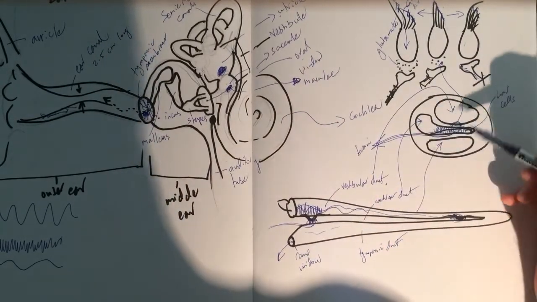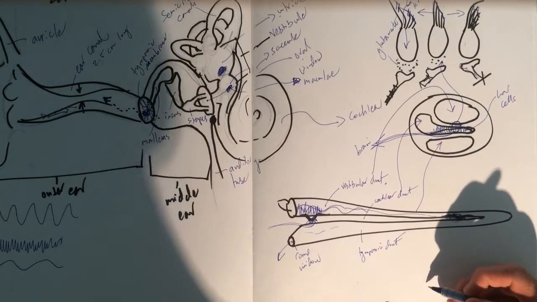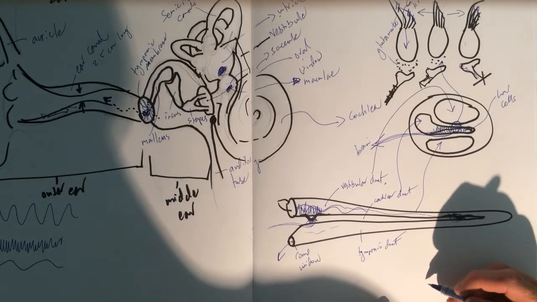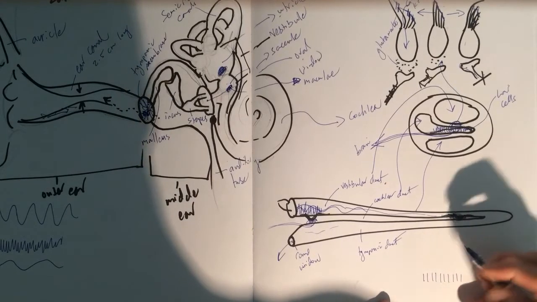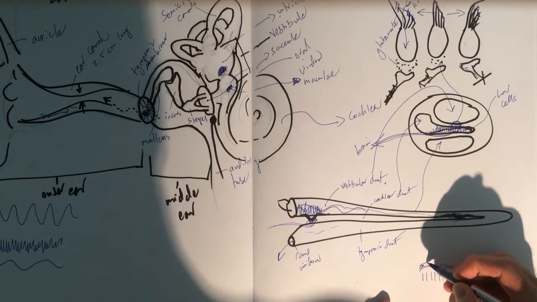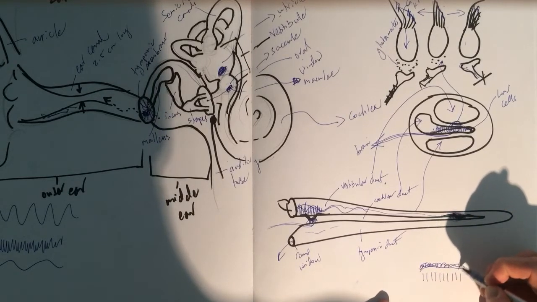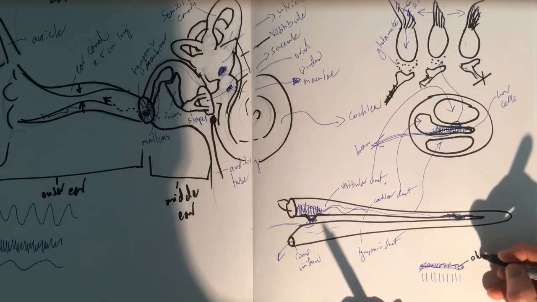Maculae are a slightly different kind of organization of hair cells. You'll have a series of hair cells located underneath a kind of ceiling of rocky-like structures. This rocky-like structure is called the otolith.